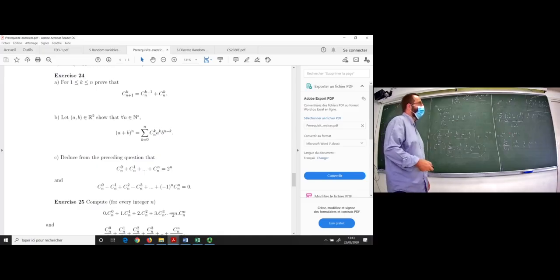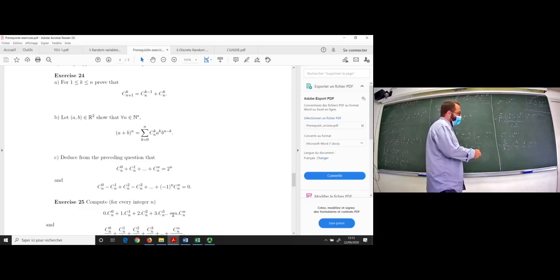And of course, what I can remark is that if I take in this expression k equal to n+1, what do I obtain? For k equal to n+1, I obtain 1 here, a^(n+1), b^0. That is, I obtain exactly this one. For k equal to 0, C(n+1, 0) is equal to 1, a^0 is equal to 1, and b^(n+1), that is exactly this term.